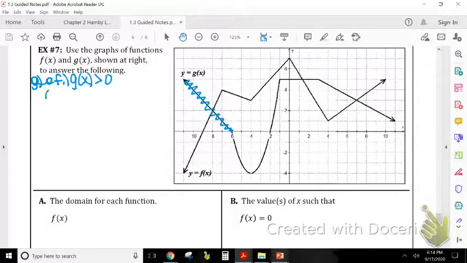So that's going to be from negative infinity to -6. And then it drops down, and then it comes back up here, all of this, and it's going to cross somewhere over here, isn't it? So from -2 to maybe, let's say, approximately 12, because it goes off of our graph a little bit.